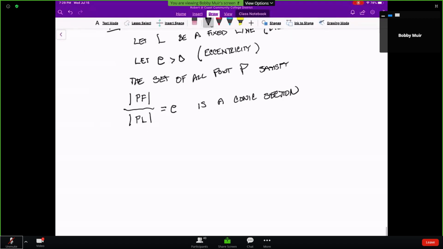Moreover, number one, if E is a fraction between 0 and 1, we have an ellipse. Number two, if E equals 1, it's a parabola. And number three, if E is bigger than 1, we have a hyperbola.